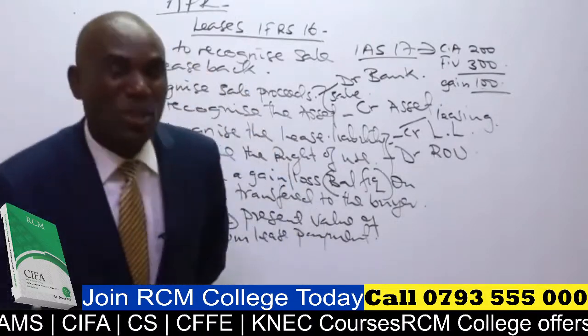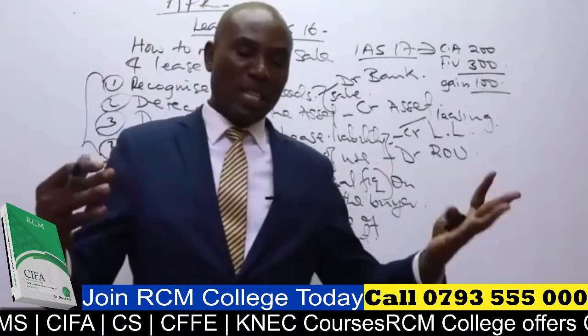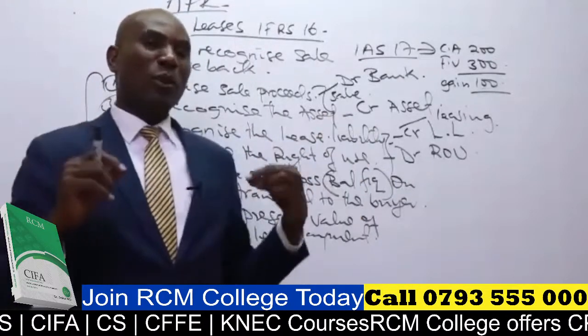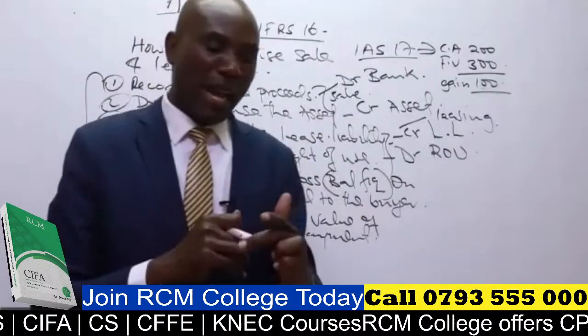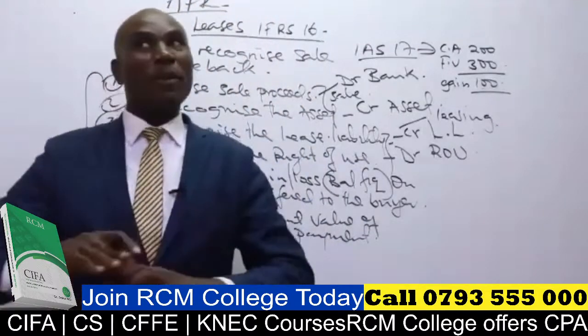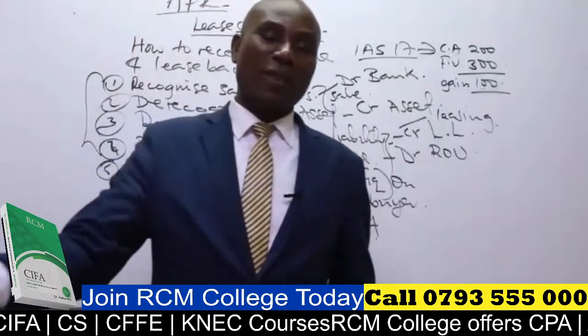Although the standard does not say that, therefore we cannot put our own words, but you just know that because you are transferring the asset, then you take it back. Therefore, there are some rights you retain, there are some rights you transferred, but the standard does not say you are retaining the right of use and transferring the right of ownership.